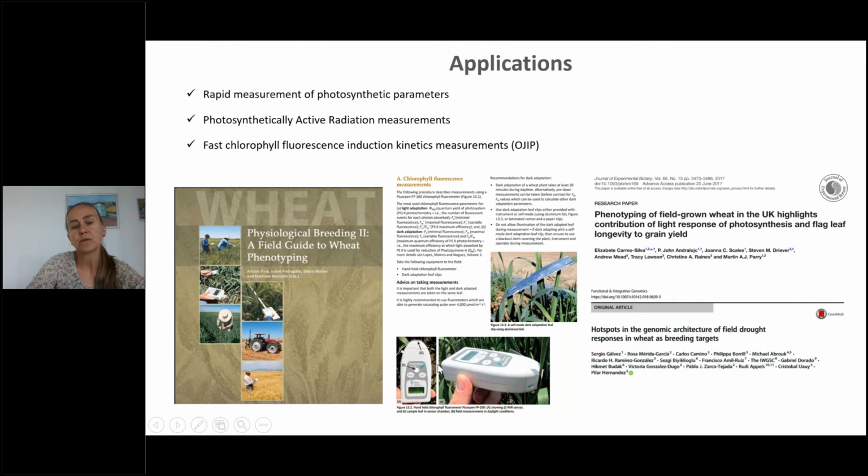Here, I would mention that the use of these simple handheld tools is implemented already in physiological breeding strategies.